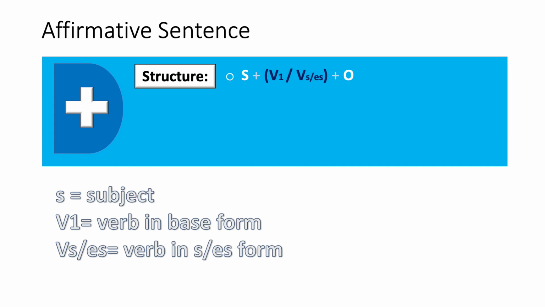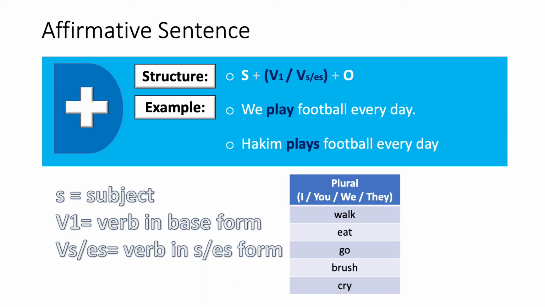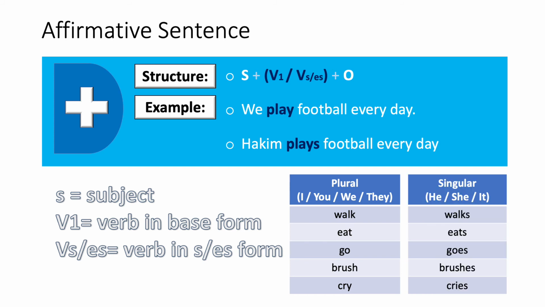Okay, so here are some examples. We play football every day. Hakim plays football every day. In the first example, the verb is in the V1 or base form because the subject is plural. In the second example, the verb is in V-s/-es form because the subject is singular.